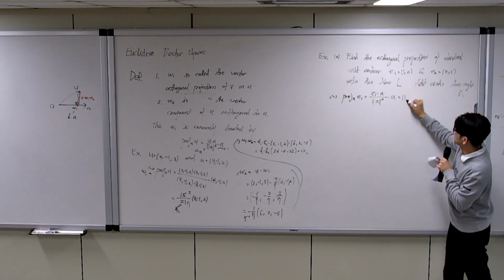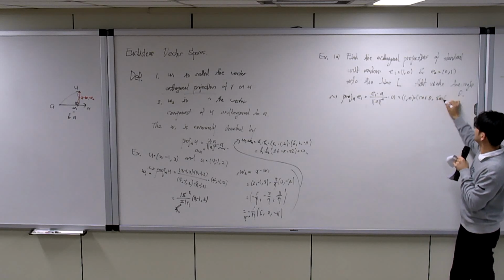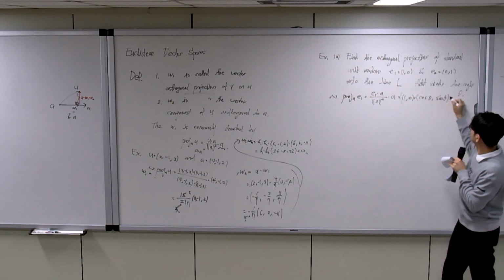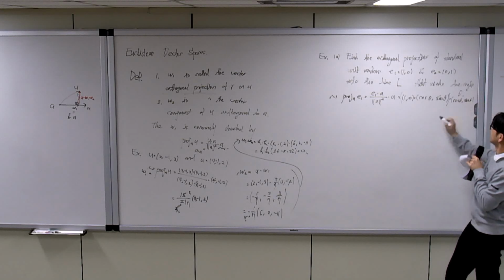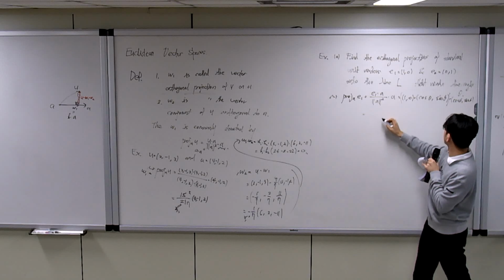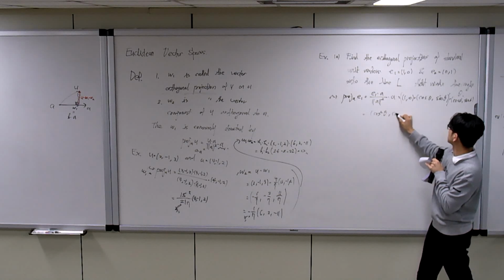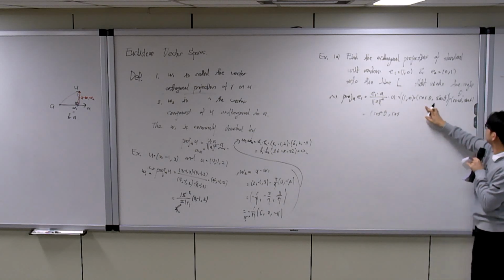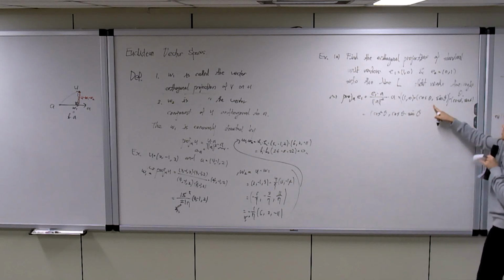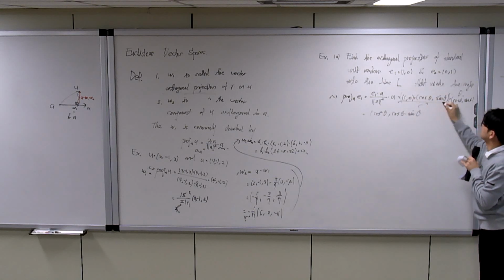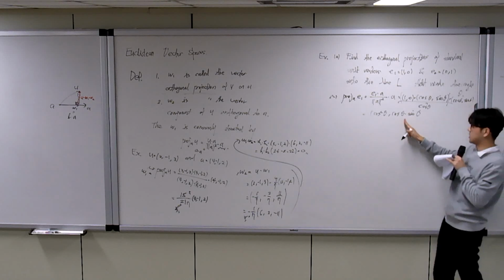So it is (1, 0) dot (cosine theta, sine theta), in the direction A. By calculating it, we get the vector (cosine squared theta, cosine theta sine theta), by scalar multiplying cosine theta with this vector.